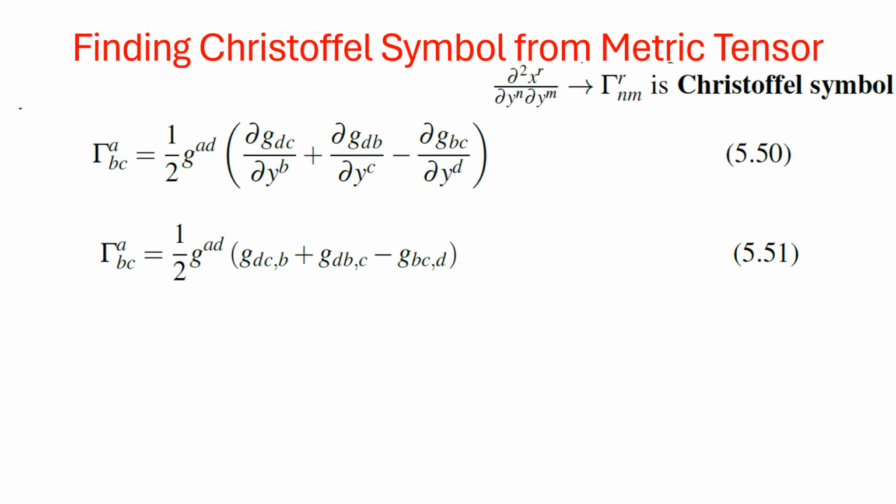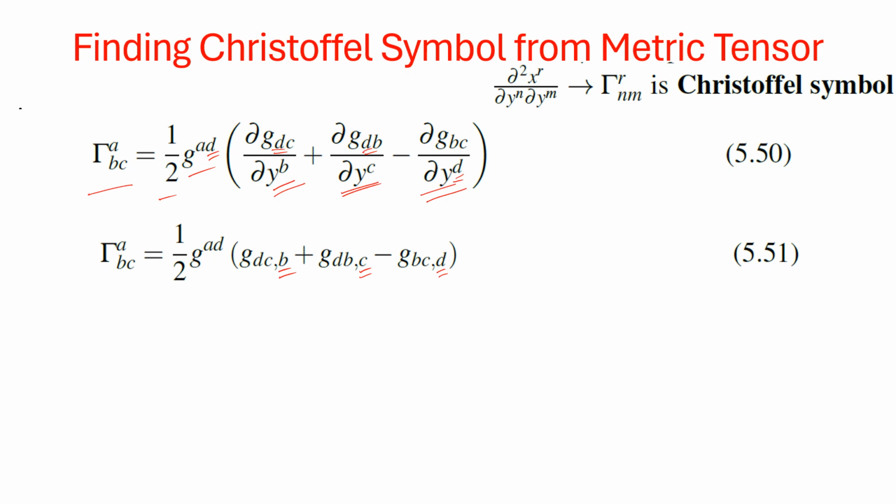So gamma ABC basically is equal to 1 by 2 GAD, where D is a dummy variable, and you have to sum over this D all the time when you consider the product. So I'm trying to underline this D. So here partial differentiation with respect to YB is represented in a compact way here. Partial differentiation with respect to YC in a compact way is represented here, and partial differentiation with respect to YD we are going to cover here with this comma D appearing here.